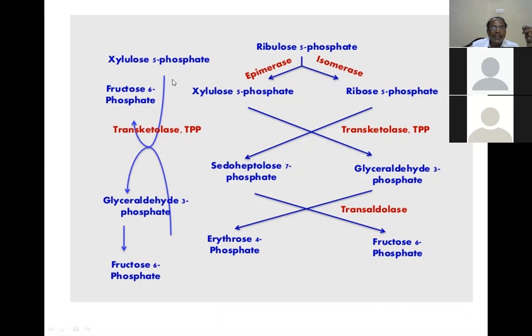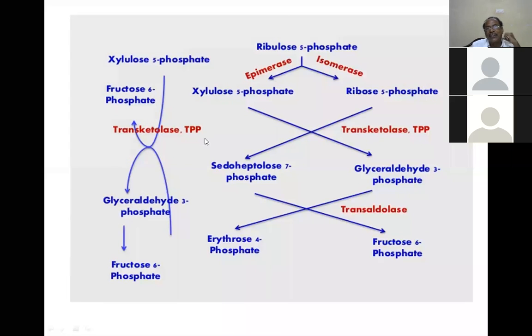Remaining is going to be a 3-carbon compound, glyceraldehyde 3-phosphate. And the ketose group and 2 carbons are fixed onto the erythrose 4-phosphate. 4 plus 2 is 6, having a keto group, and hence fructose 6-phosphate. So here one fructose 6-phosphate, here one fructose 6-phosphate, and finally glyceraldehyde 3-phosphate.